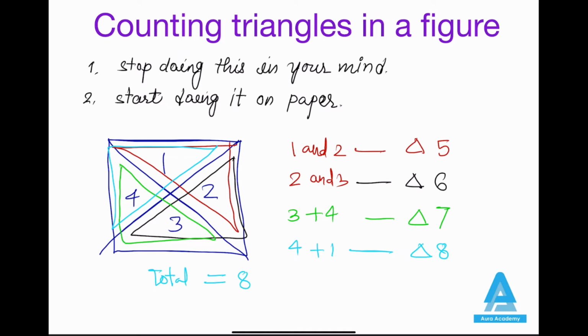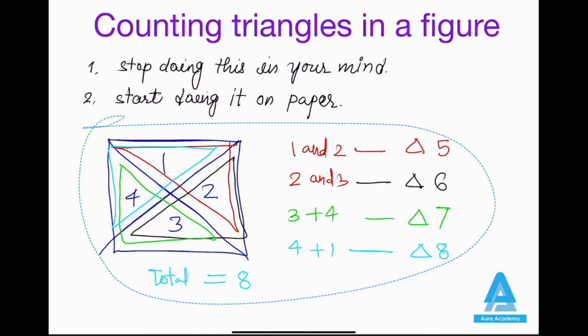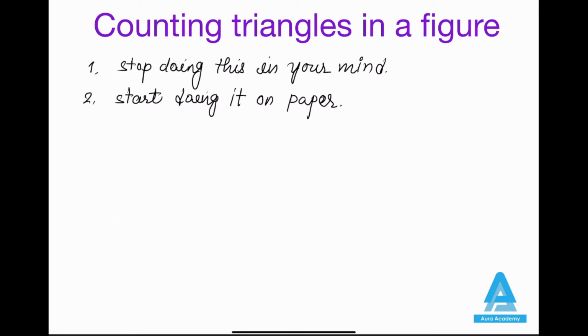Again, this is not a smart way to calculate the number of triangles in a figure. Just by doing this, you won't be able to solve the question efficiently and in time. So consider this.